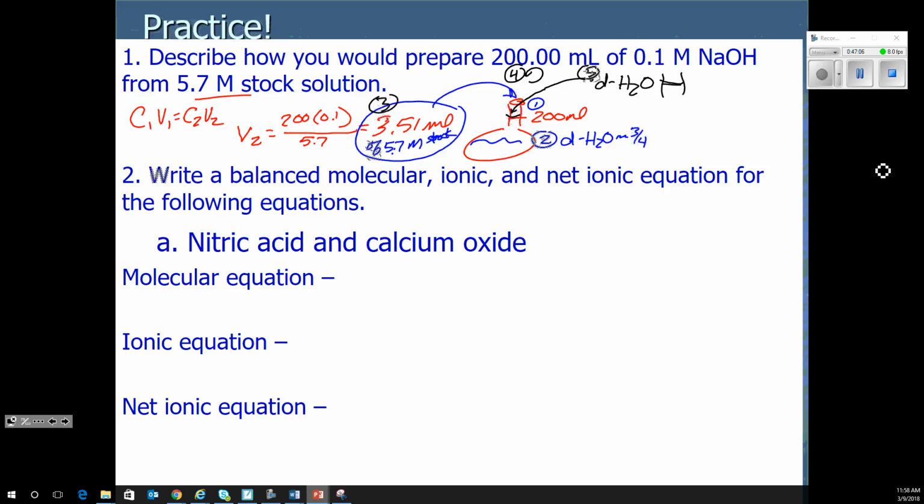Okay. I want you to try this one on your own. We just did 2 molecular ionic and net ionic equations. I want you to do this one on your own. Try it. See if you can do it. Nitric is one of our strong acids, our first one of the swoop. So nitric came from nitrate and hydrogen.